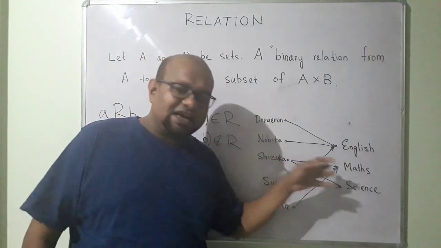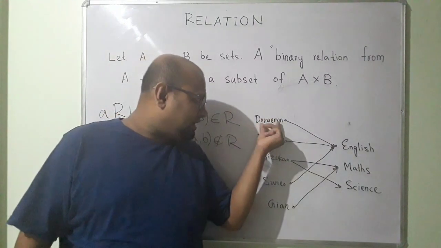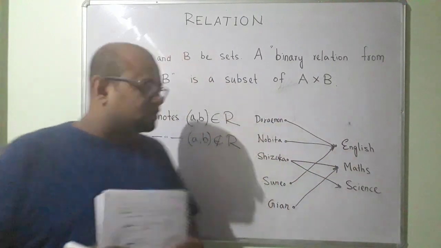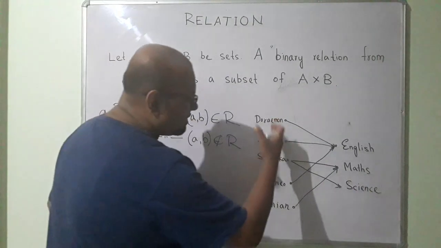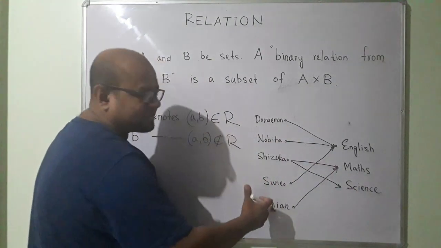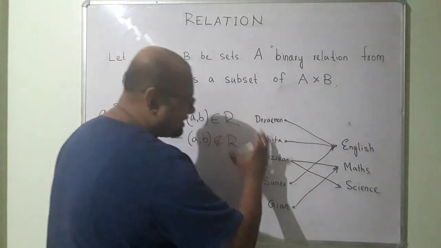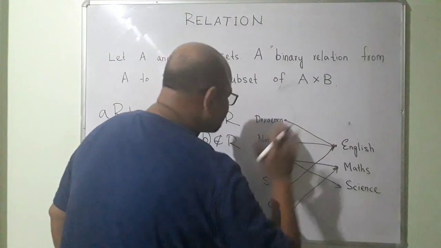So this directed edge, this edge has a direction, indicates that this and this are related. So we would say that in that relation, the ordered pair (a, b), where a was from this set and b was from this set, was in the relation if this student a got an outstanding grade in this subject b.